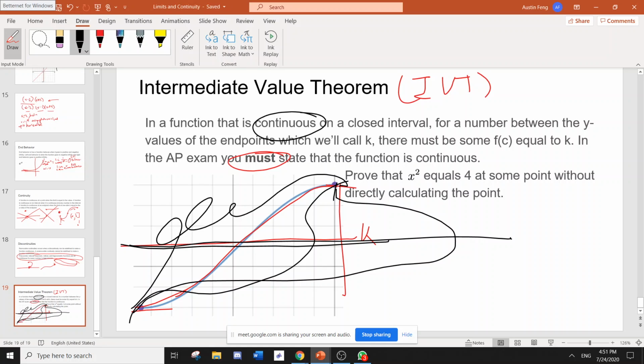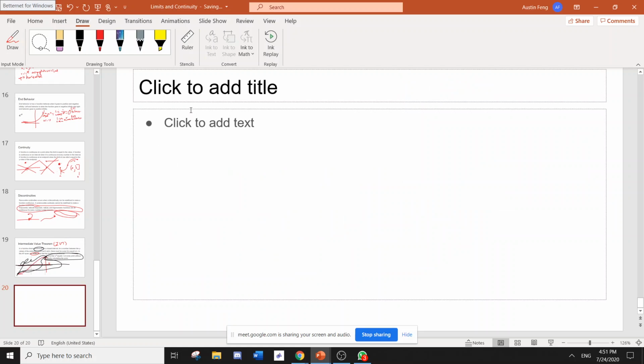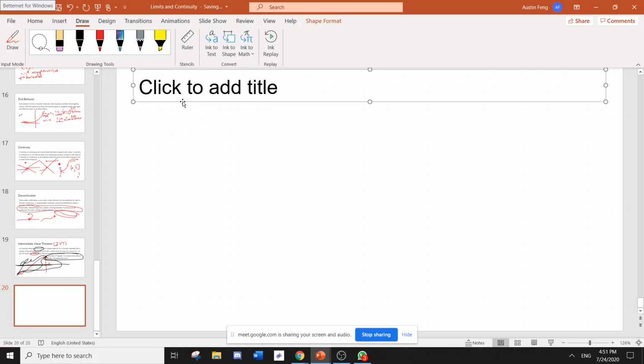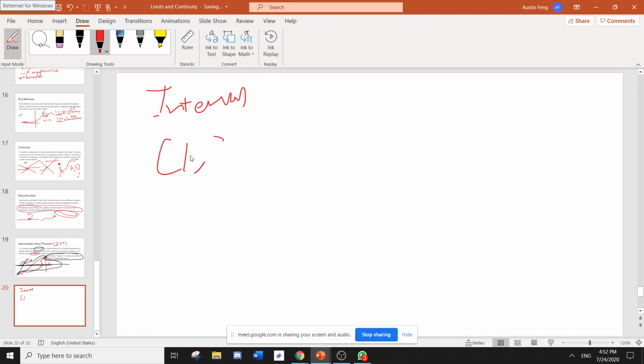So let's prove x squared is equal to 4 at some point without directly calculating the x that gets you f of x equal to 4. Let's take the interval 1 to 3.